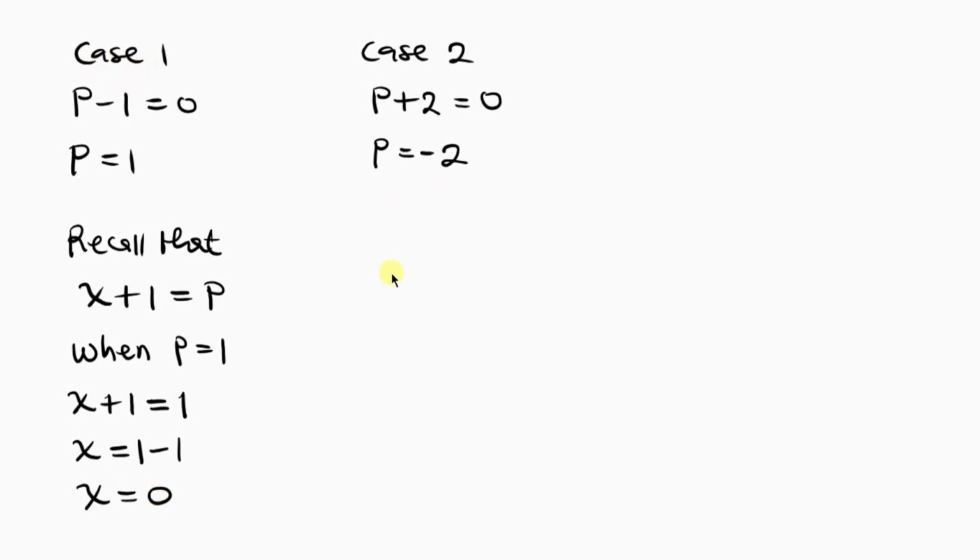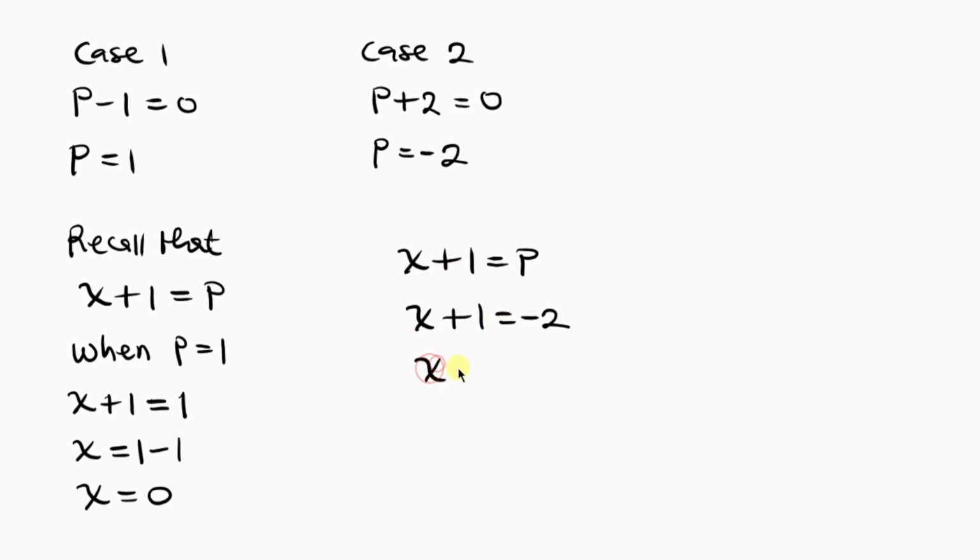Now for the second case, we're also using the same substitution of x plus 1 equal to p. Now p here is negative 2. So substituting the value of p, which is negative 2, let's move plus 1 to the right-hand side.